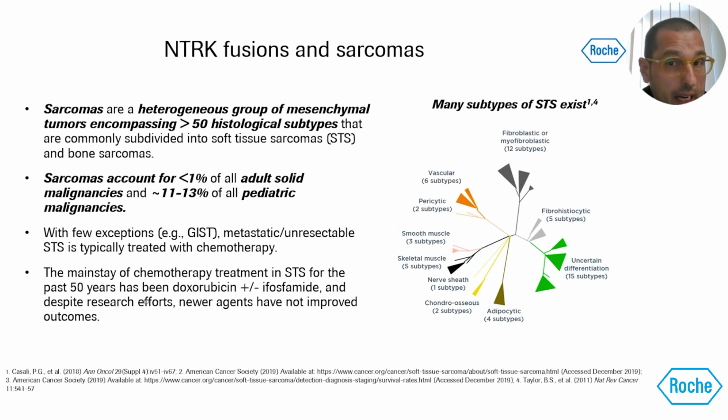Most sarcomas are not treated with targeted therapies, but with classical conventional chemotherapy. There are a few exceptions like gastrointestinal stromal tumor, which has a targeted therapy, while the remaining soft tissue tumors are typically treated with classical chemotherapy, with a few improvements with newer agents in the previous couple of years.